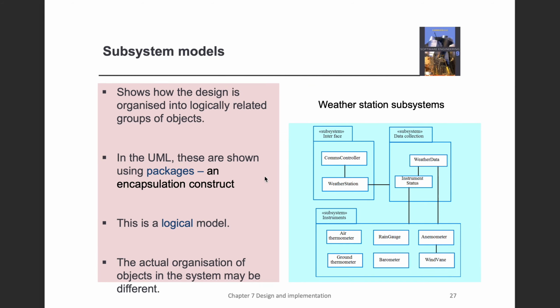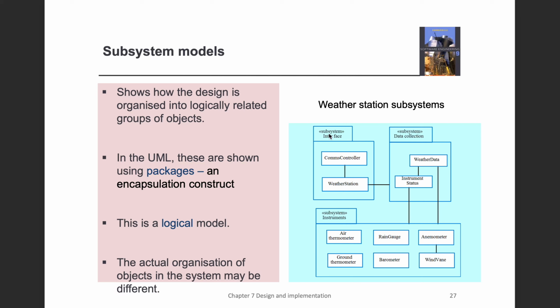So here in this system we are looking at the subsystem models. Here you look at the weather station subsystem. What we see is that the instruments are in one area, which is one subsystem. Because they are similar, they are all instruments, we group them as one particular subsystem.